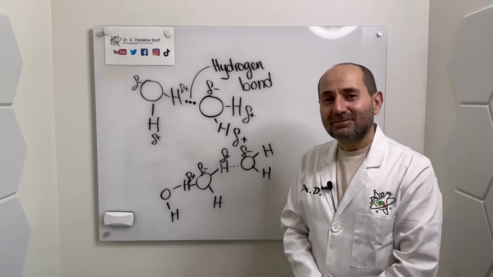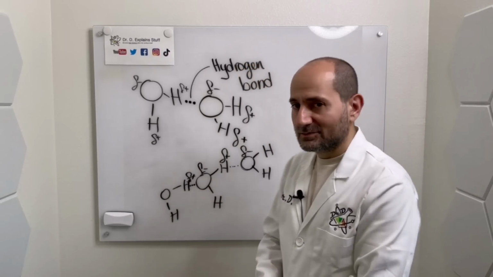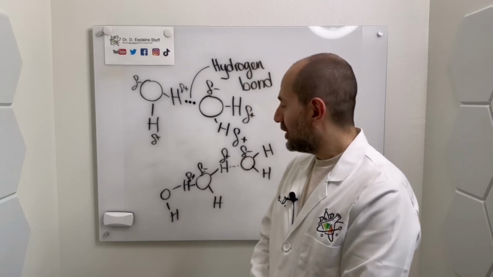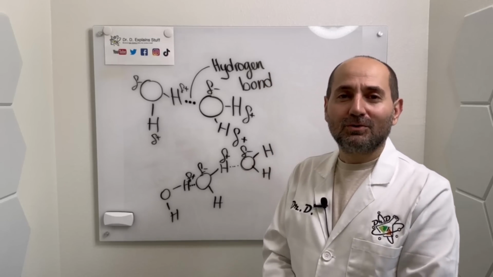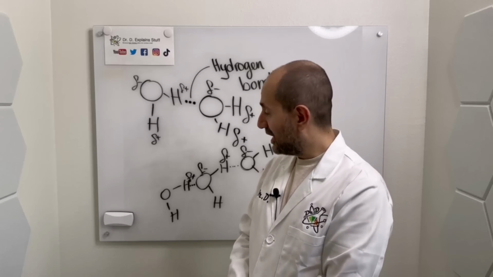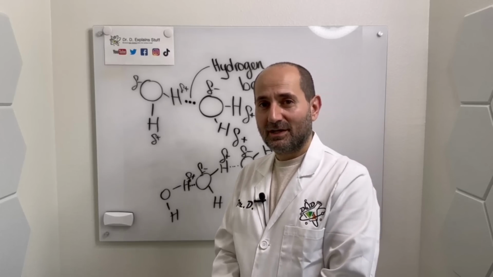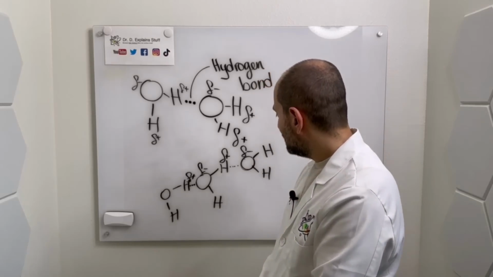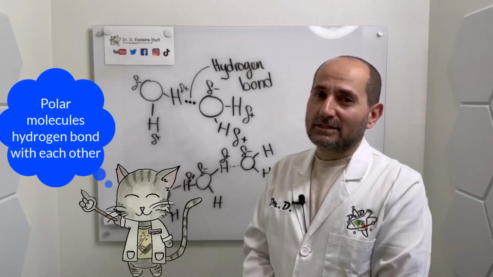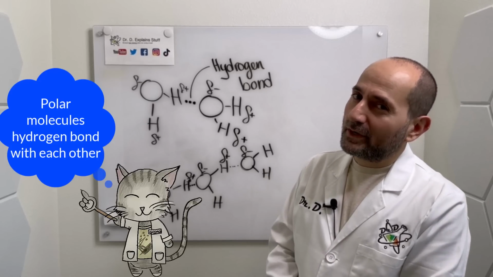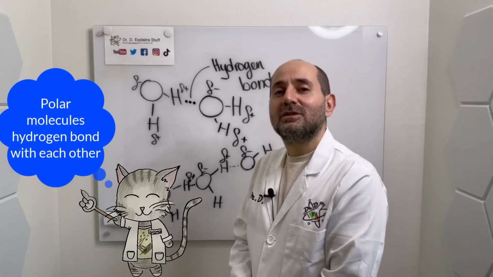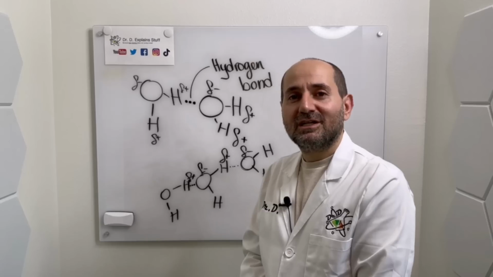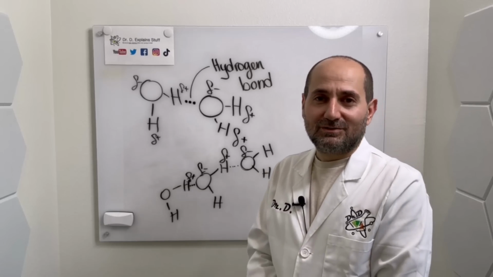And so water molecules, because they are polar, will stick to one another. Polar molecules can stick to other polar molecules. And that's because of those partial charges. The partially positive charge of one polar molecule will like to stick to the partially negatively charged end of another water molecule. Does that make sense?